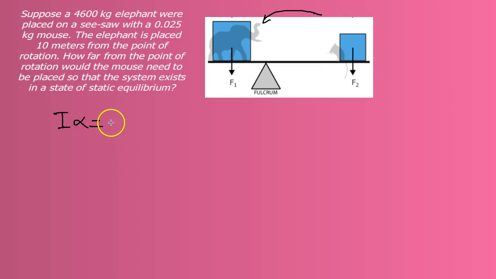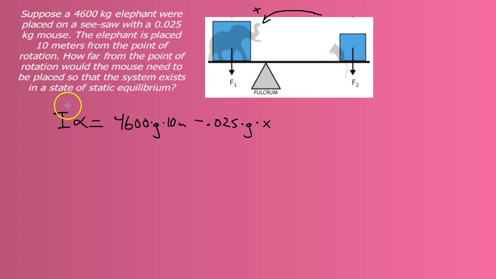The elephant has a mass of 4,600, so his weight would be the force mg, so 4,600 times g times the distance he is away, which is 10 meters, and then in the negative direction we have the mouse's torque, so minus the mass of the mouse, 0.025 kilograms, times g times x for the distance the mouse is away.